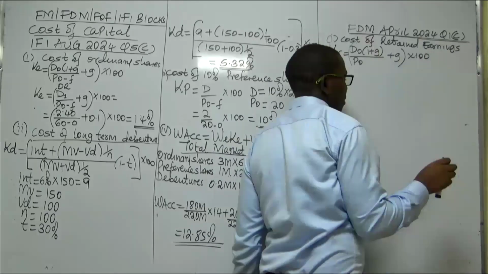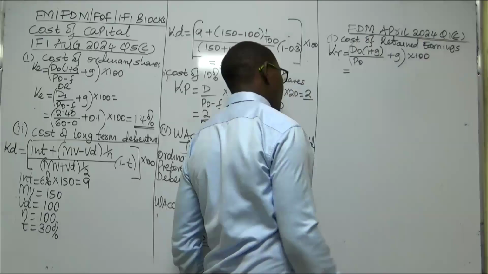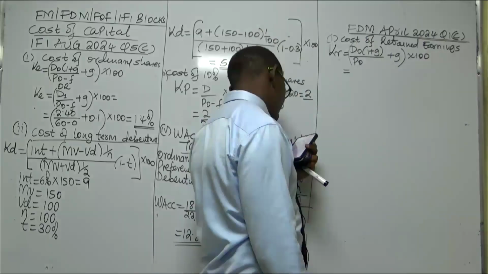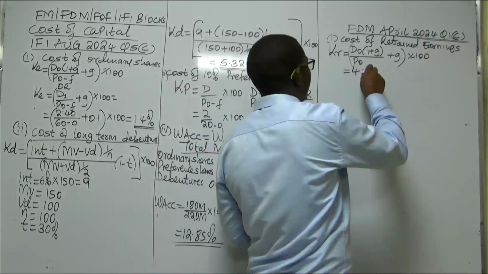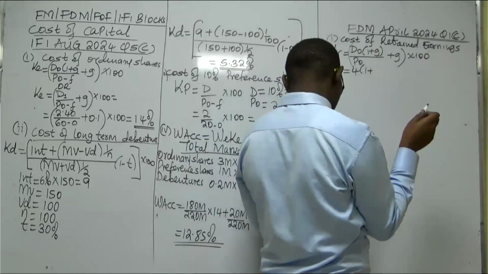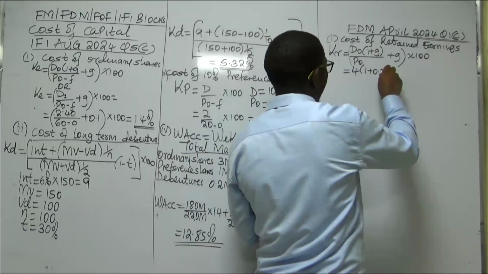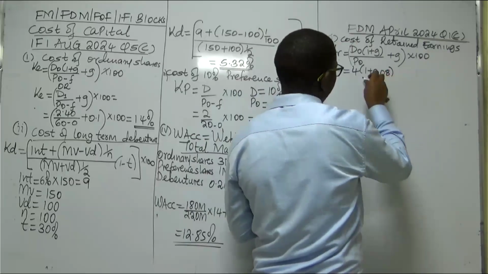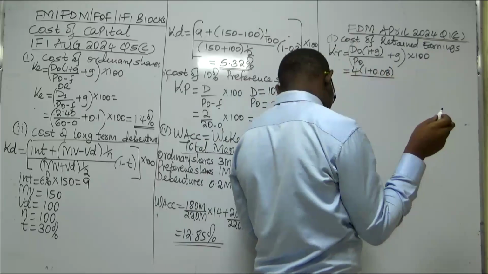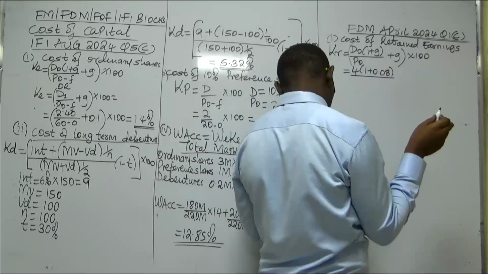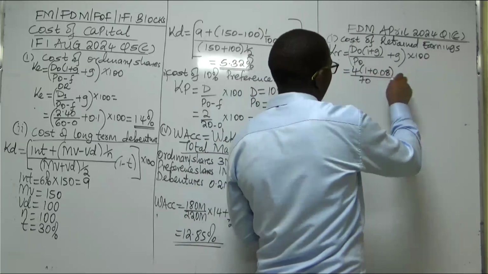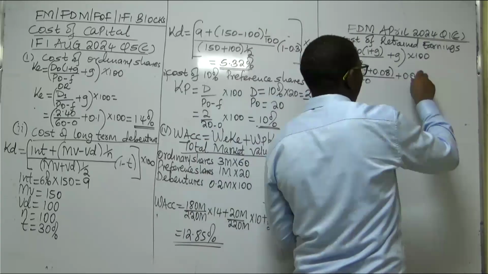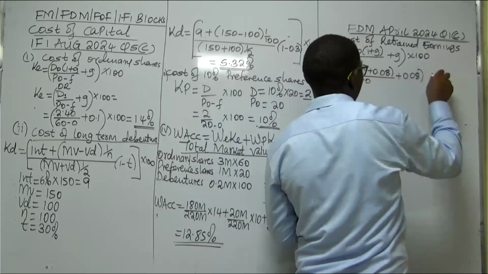D0 is the last dividend paid, and we were given that in additional information number 4, which is 4. Times 1 plus the growth rate of 8%, 8% is 0.08. Divided by the market value of the ordinary share, 70, plus 0.08. Then you multiply by 100.